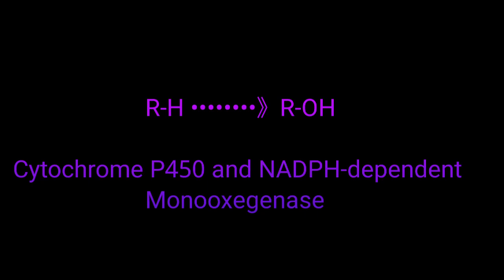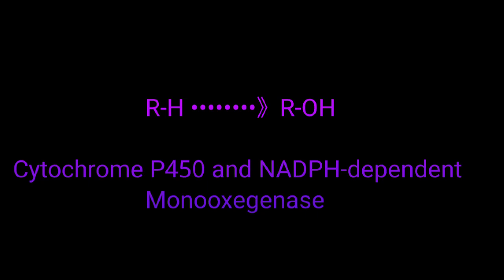The first one, associated with the endoplasmic reticulum, is responsible for detoxifying ingested organic molecules by introducing a hydroxyl group to their structure. In doing so, it makes those organic molecules more easily water soluble and more easily disposed of.